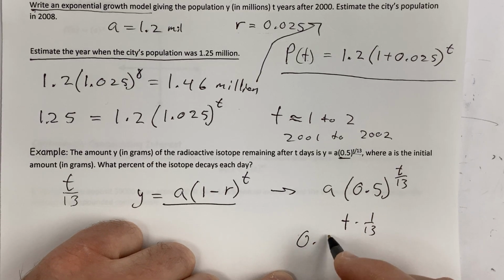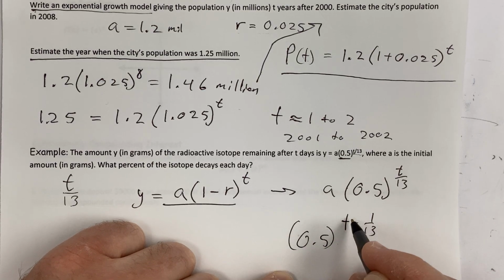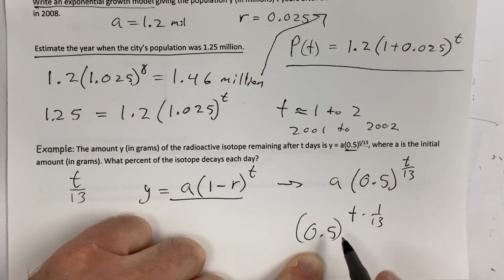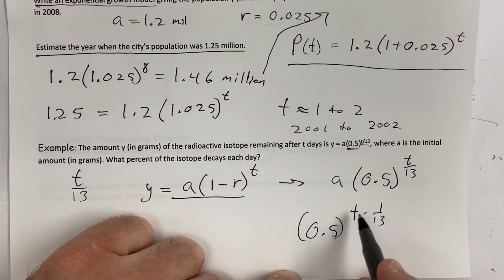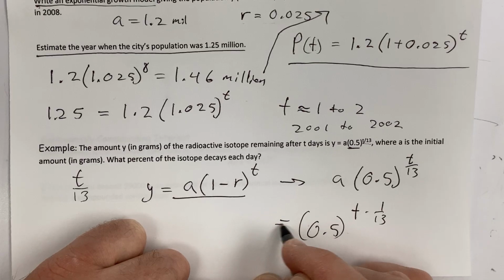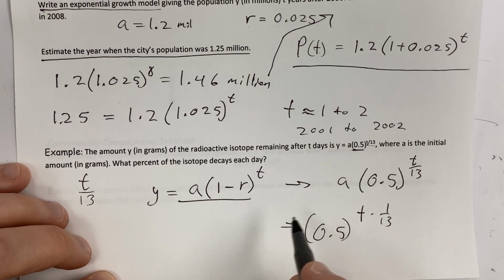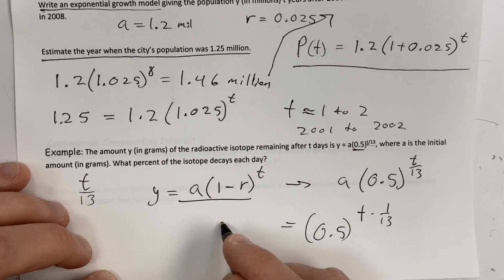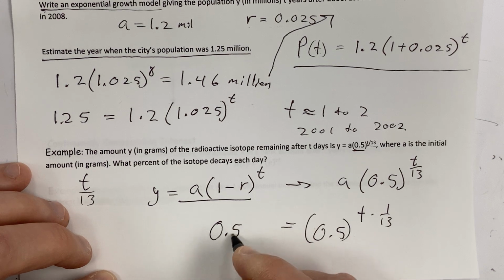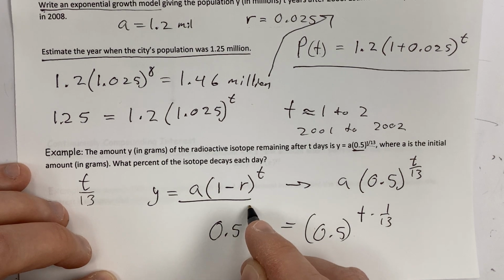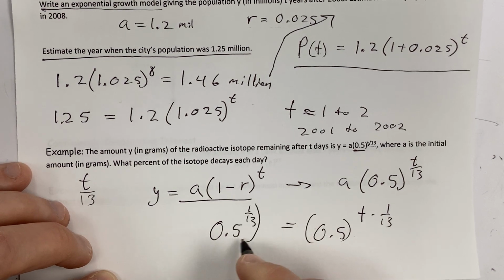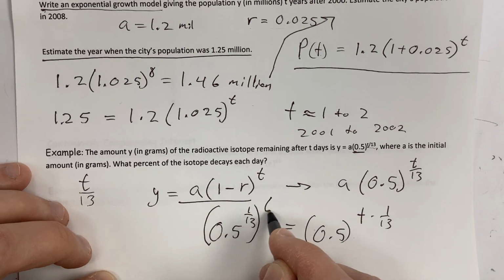So we have 0.5 to the power of t times 1 over 13. And then further from this, if you have the product of two powers, you can use the rule when you have a power to a power in reverse. It's quite tricky, but basically we could write this as 0.5 to the 1 over 13, and then that is raised to the power of t.